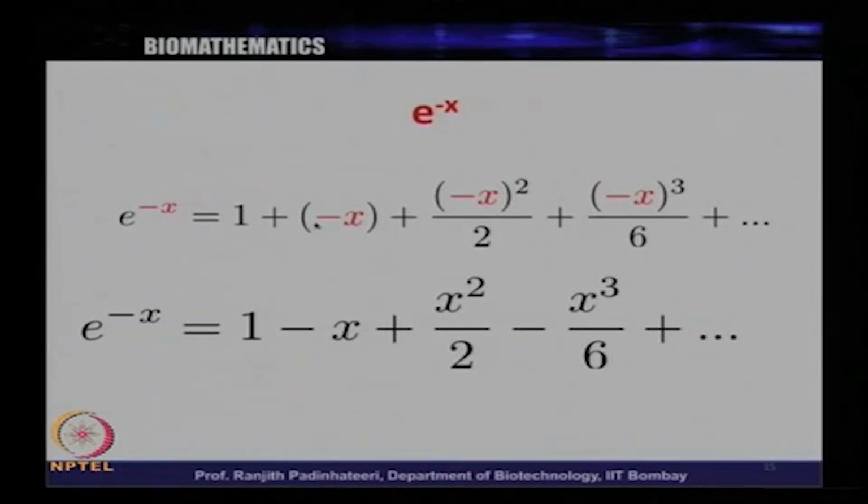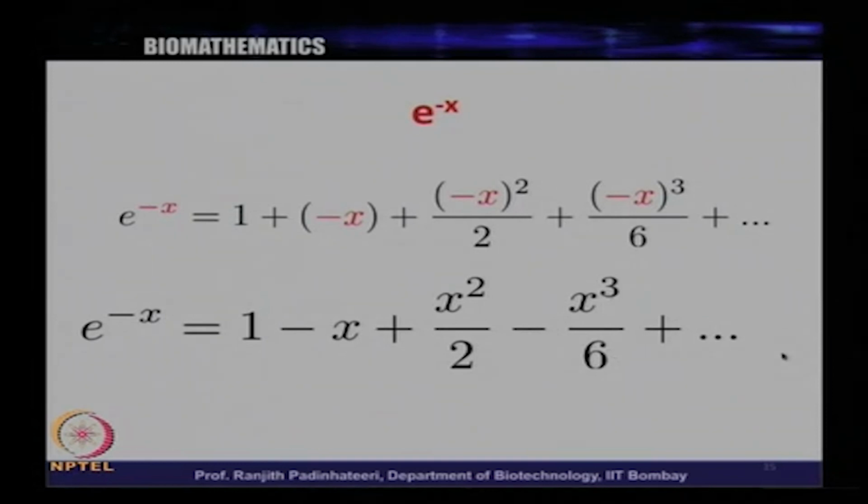Now, 1 plus minus x is 1 minus x, minus x square is plus x square by 2, minus x cube is minus x cube by 6. So, exponential of minus x is nothing but 1 minus x plus x square by 2 minus x cube by 6 and so on and so forth.